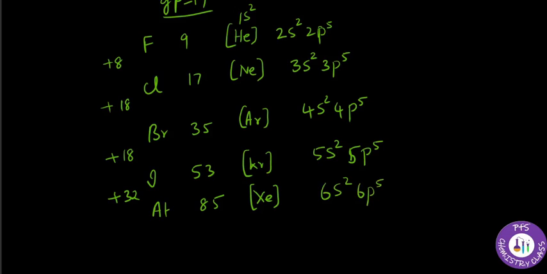Then what did I tell you? Before 4s2 you will have 3d10, and then 4d10, and then 5d10, and before 5d you will have 4f14.